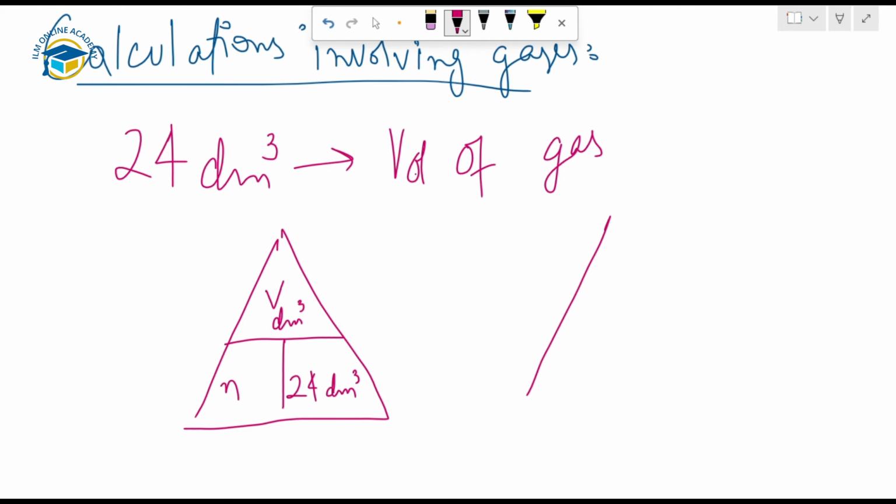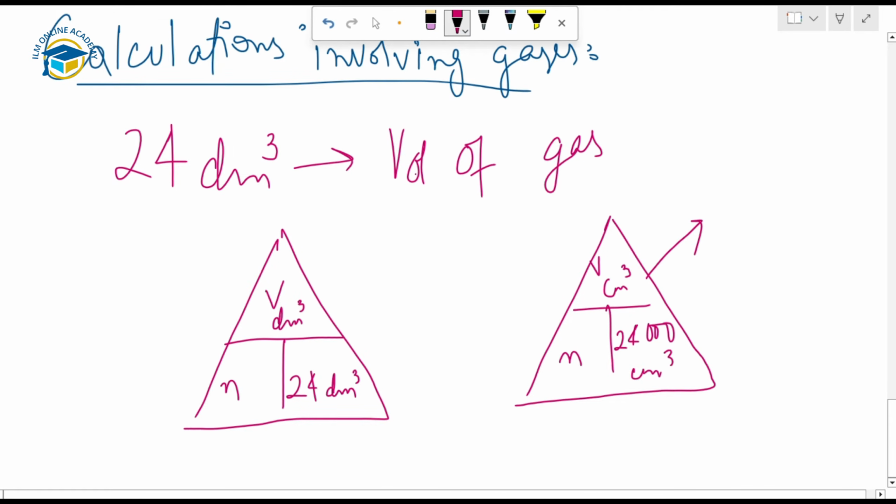If the volume is in cm³, we use 24,000 cm³. Both triangles are the same. The only difference is spotting whether the question uses cm³ or dm³ for the volumes and for the molar gas volumes. This is how you can find the molar gas volume for calculations that involve gases.